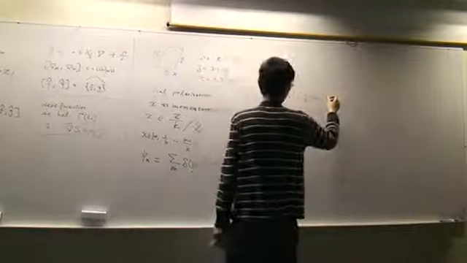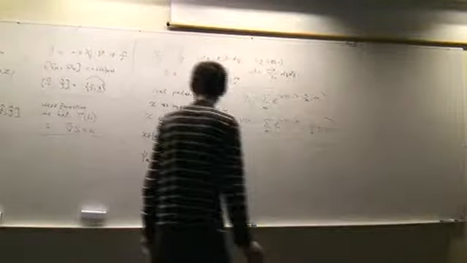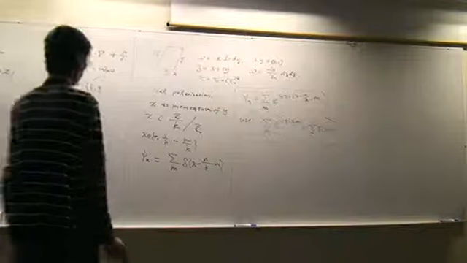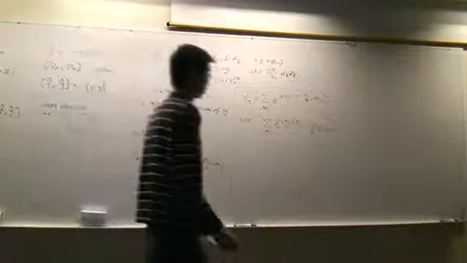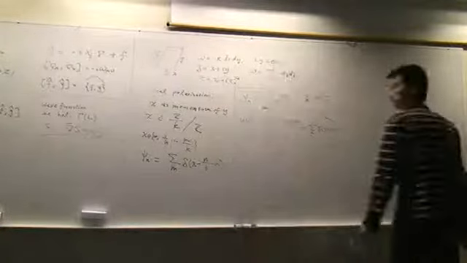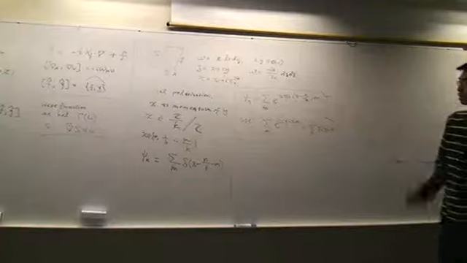Now, complex polarization. According to what I said there, we're supposed to find a complex line bundle whose first Chern class is this.